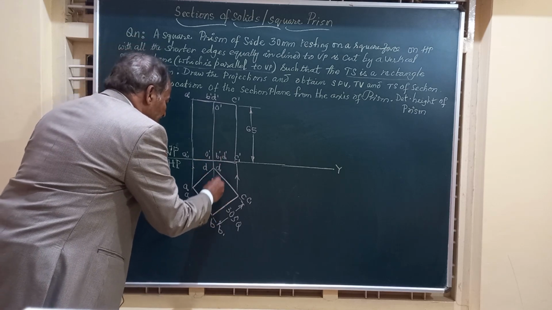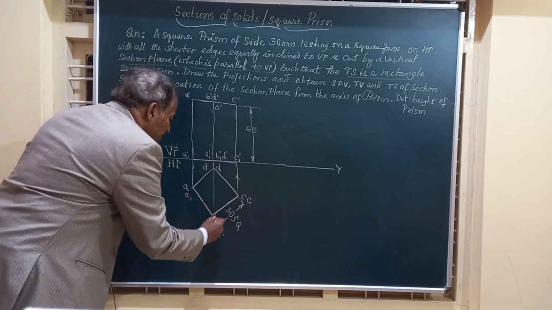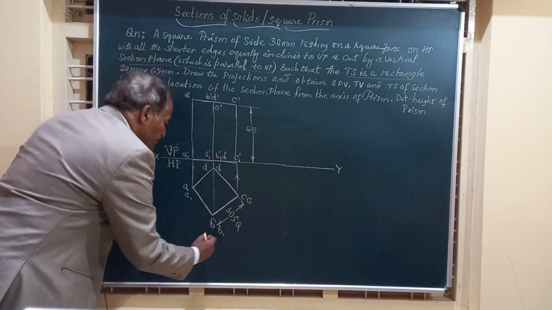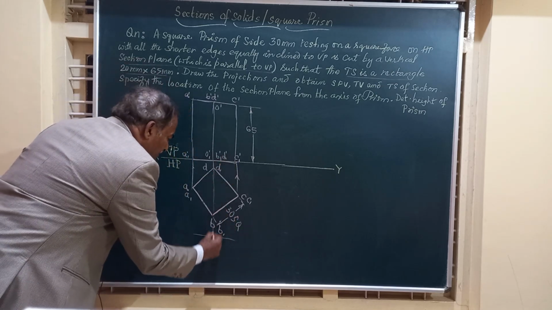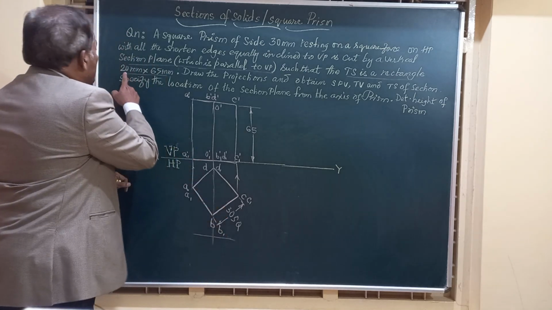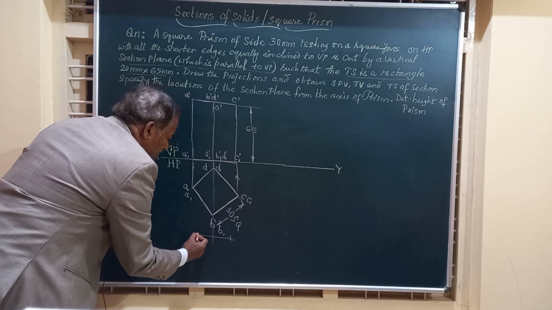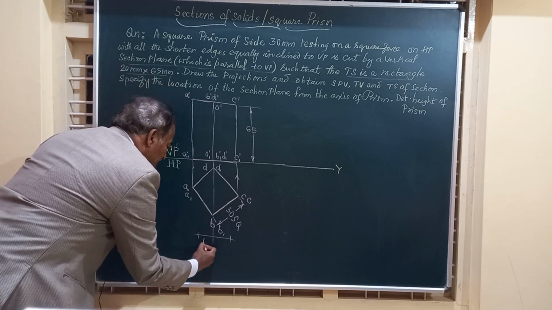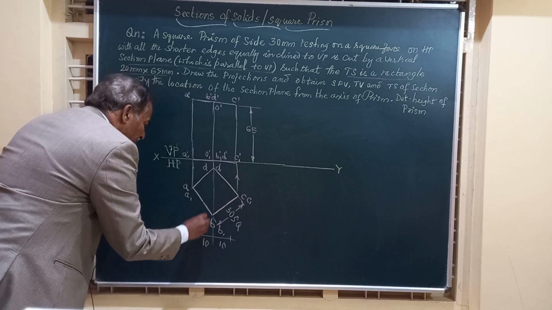One method I use is, I extend this and draw a line parallel to that XY, and from this I take 10 mm from both the sides, because I should get 20 as the width. So I'll take 10 mm here, 10 mm here, and project these points there.